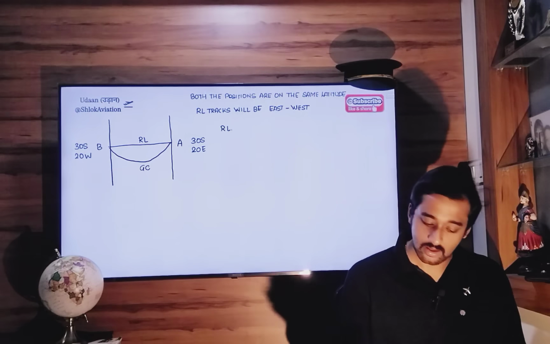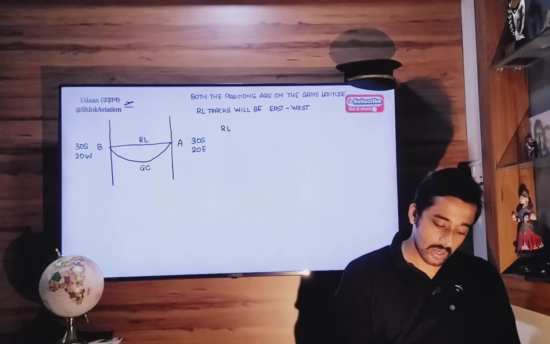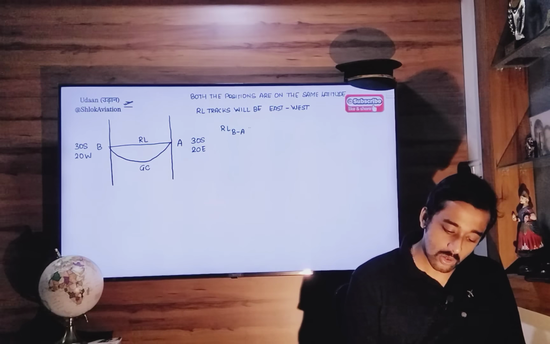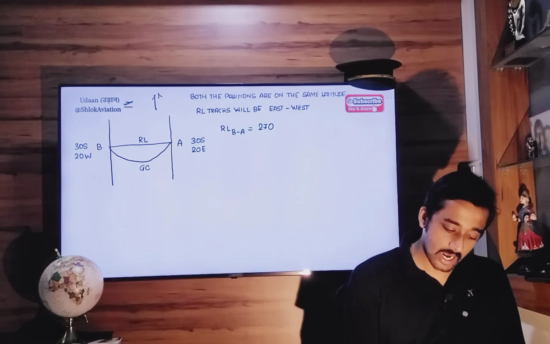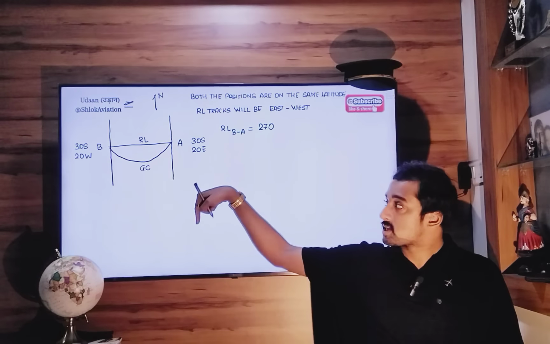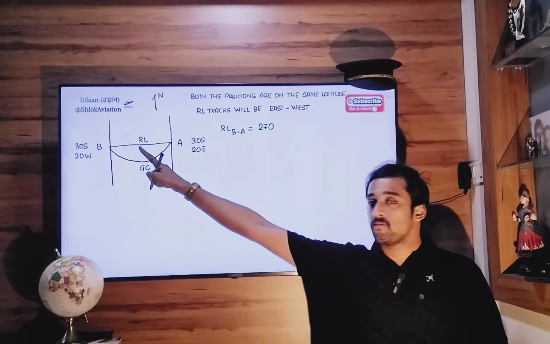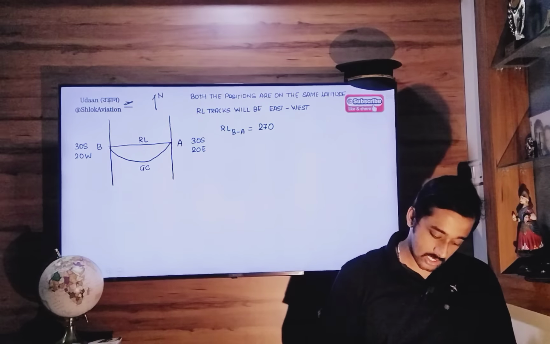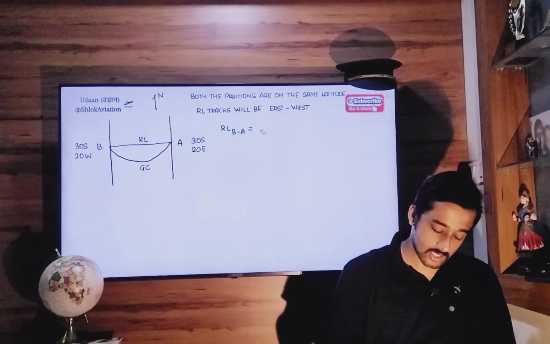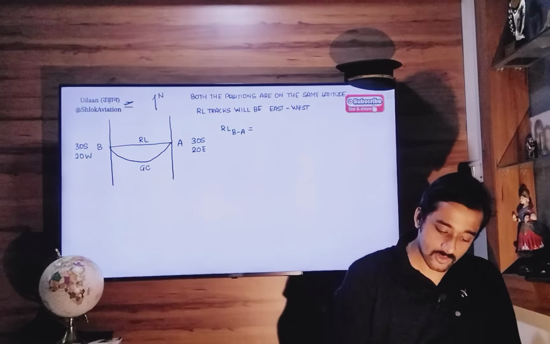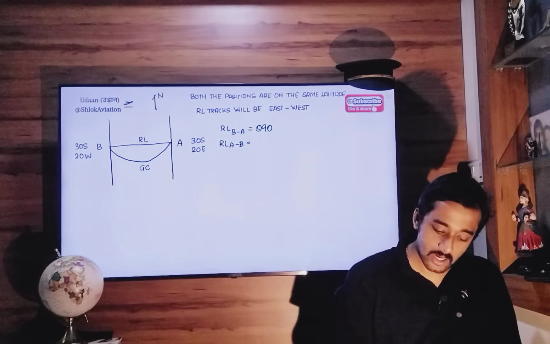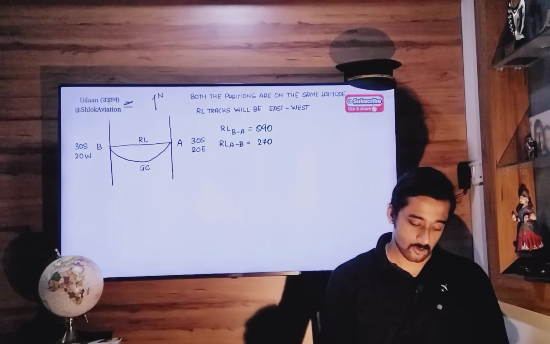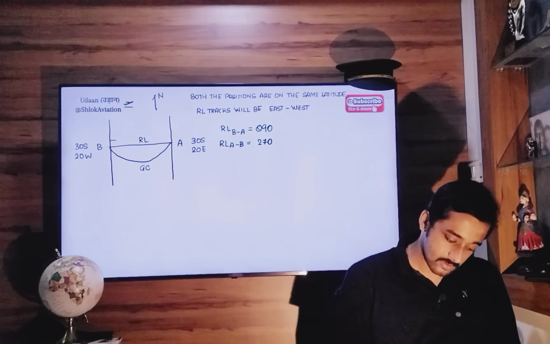Considering this your north direction, that will be east, south, and that will be west. So coming from B to A, you will be following a direction of 090, and going from A to B, you will fly 270. So this is 090 and this is 270.